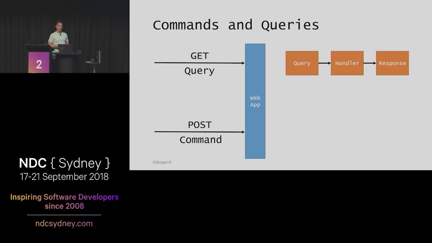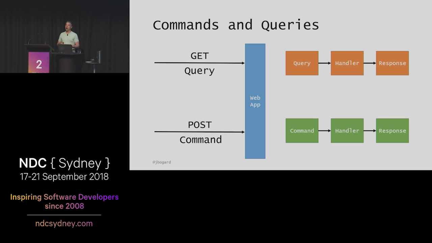The post represented the commands. That is, I want to change something in the system. These also had a similar structure in that the commands were the requests. They would have some kind of handler to handle that request to change some information. And then finally, of course, we'd have that response.